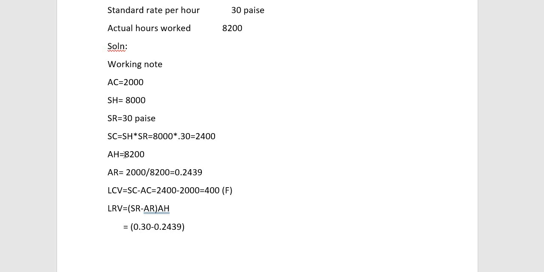The actual hours worked is 8,200 hours. So 0.30 minus 0.2439 is 0.0561, which multiplied by 8,200 comes to around 460, which is again a favorable variance.